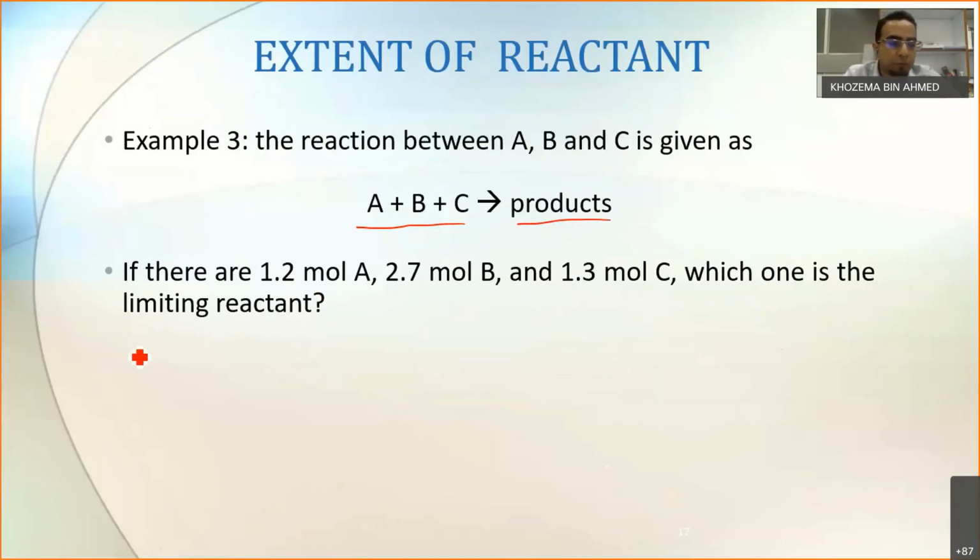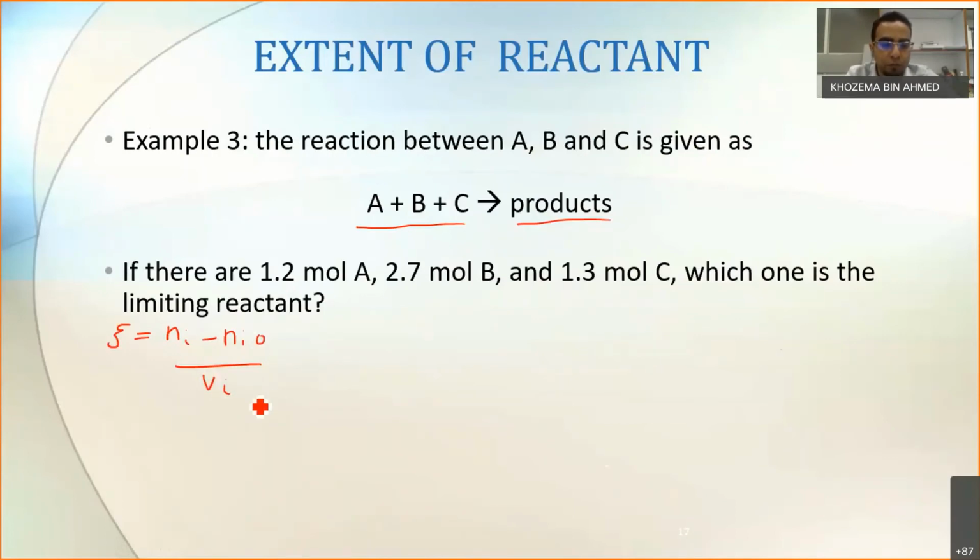If you were to use the extent of reaction equation, this is the symbol, equal to Ni minus Ni0 over Vi. Again, Ni is your final mole, Ni0 is the initial mole, and Vi is your stoichiometric ratio.